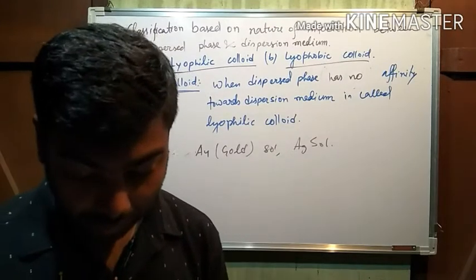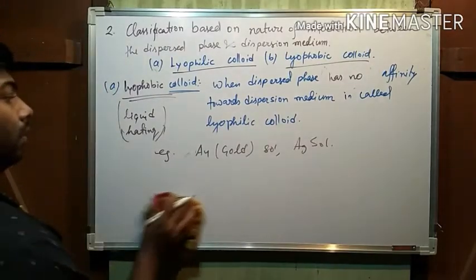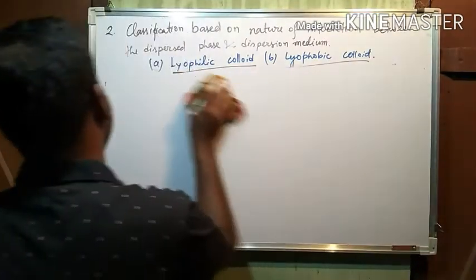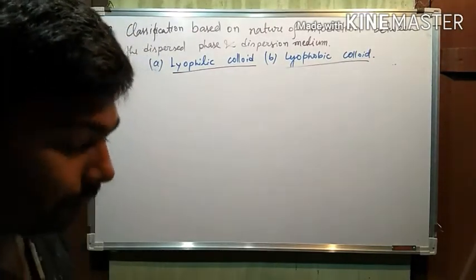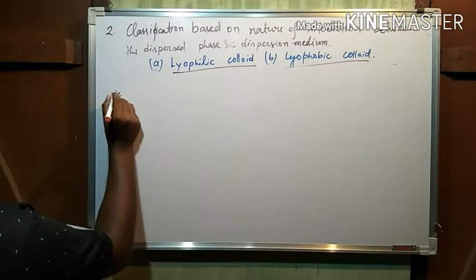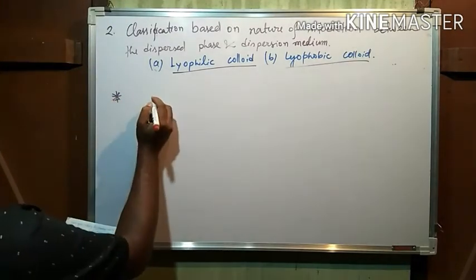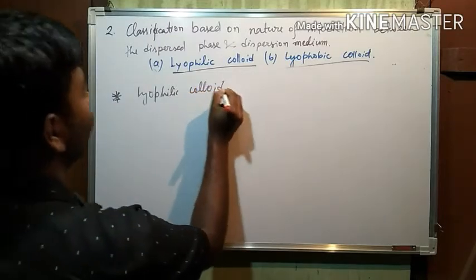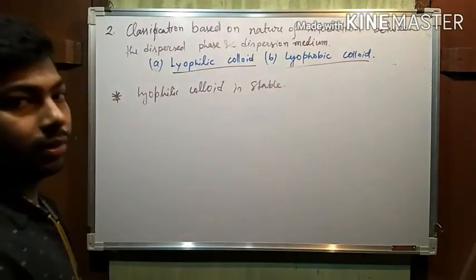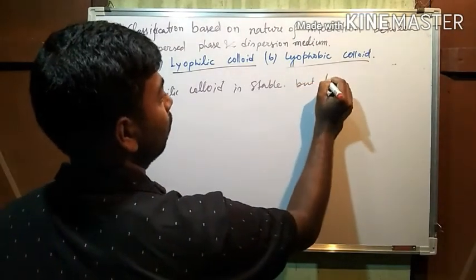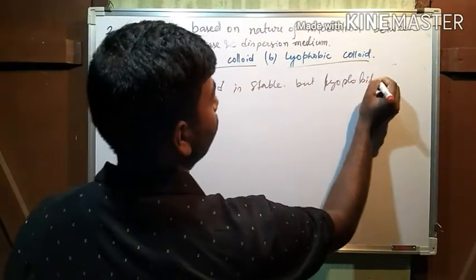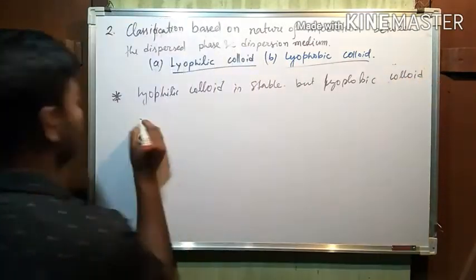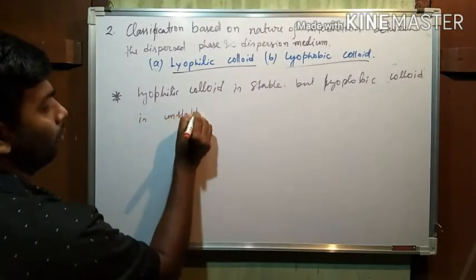Understood now? Okay. The next point: lyophilic colloid is stable, but lyophobic colloid is unstable.